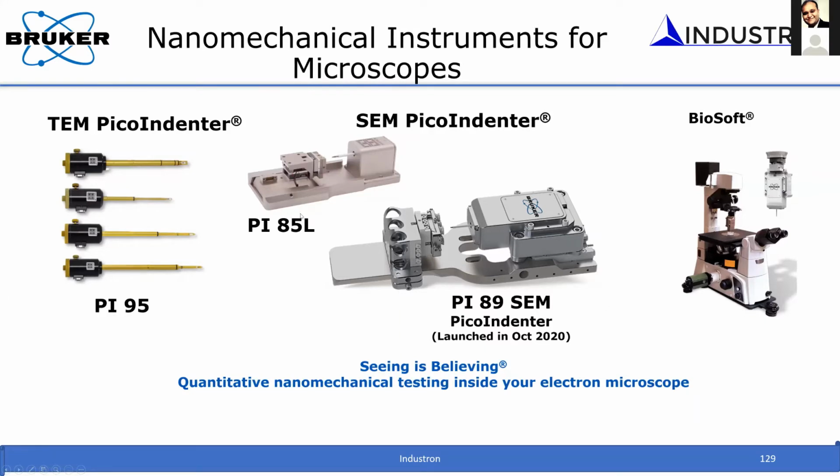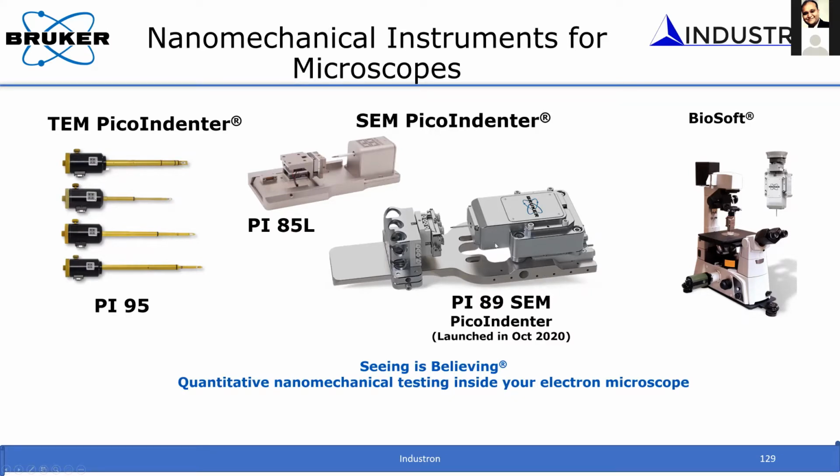For the TEM-based PicoIndenter, we have holders for all the microscopes in the market, whether it is JEOL, Hitachi, or FEI. I pretty much covered most of it in the last webinar. For the SEM PicoIndenter, we have two models: one is the PI 85L and another is the PI 89. The PI 89 just came out about five to six months ago.